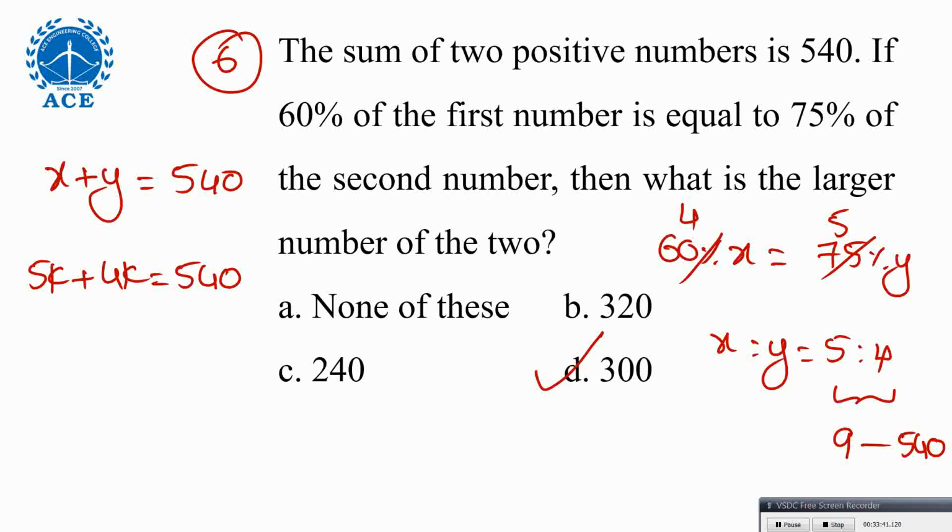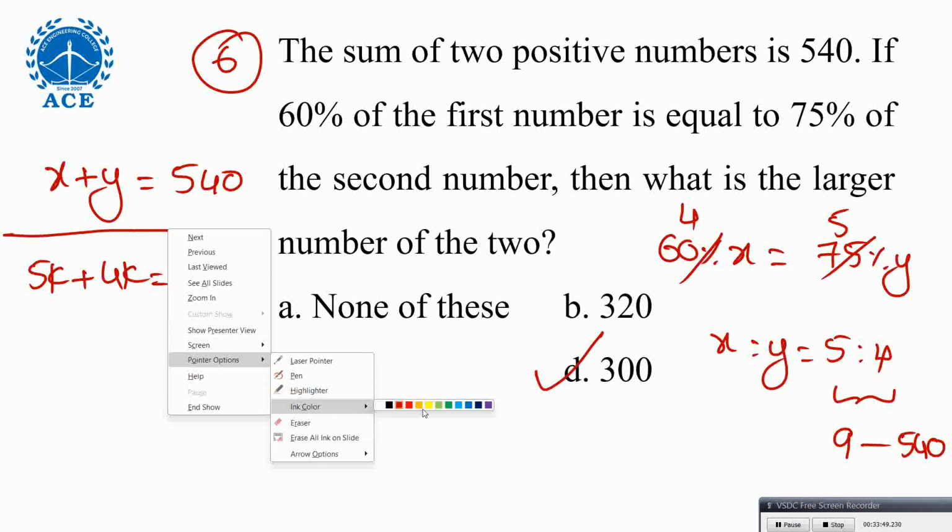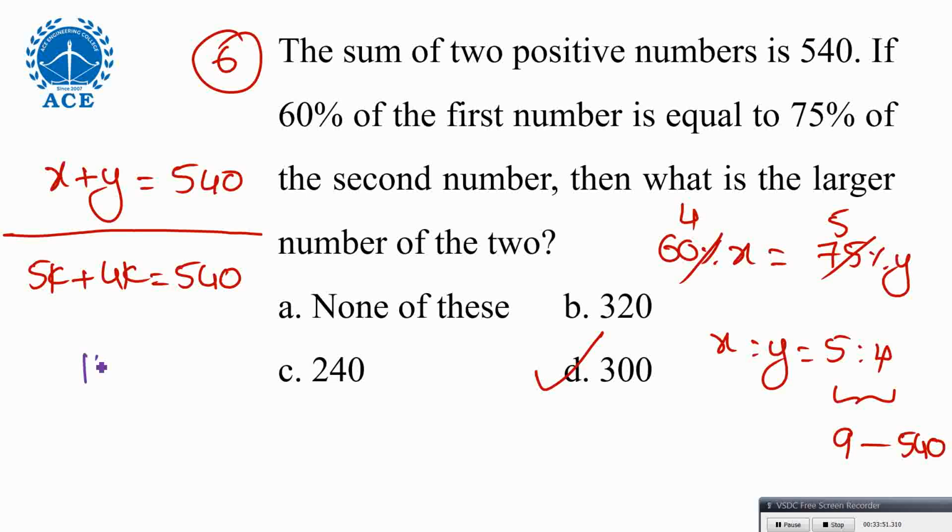Larger number is 5k. This is the approach which you people require right now. X is 5k, y is 4k, adding gives 540, solving you get k value 60. They're asking the larger one, obviously x is the larger one, 5 into 60 which is 300. You have 240 also, that is the smaller one. Y is smaller, x is larger among that.